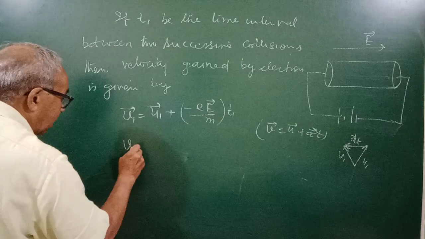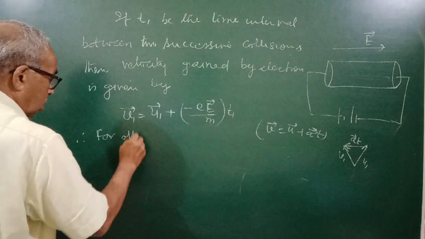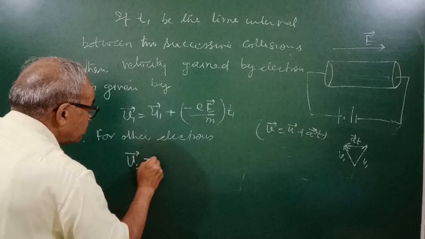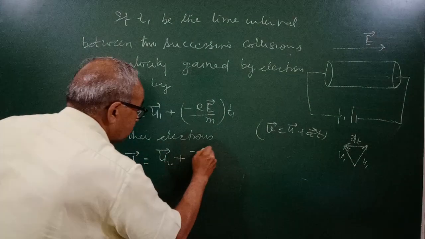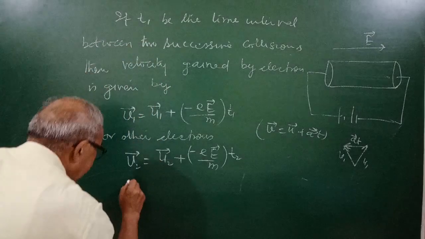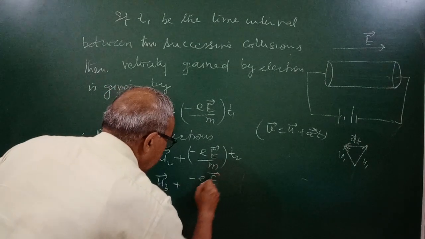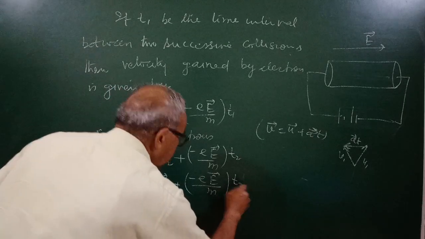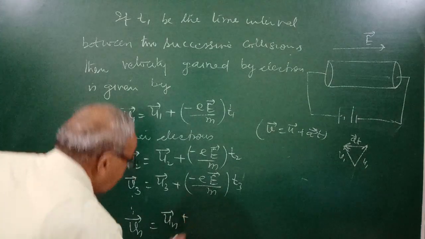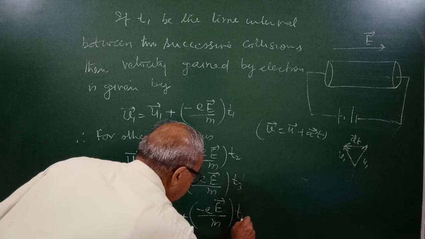For other electrons we can also write like this: v2 equal to u2 plus minus e into E upon m into t2, v3 equal to u3 plus minus e into E upon m into t3, and so on, vn equal to un plus minus e into E upon m into tn.